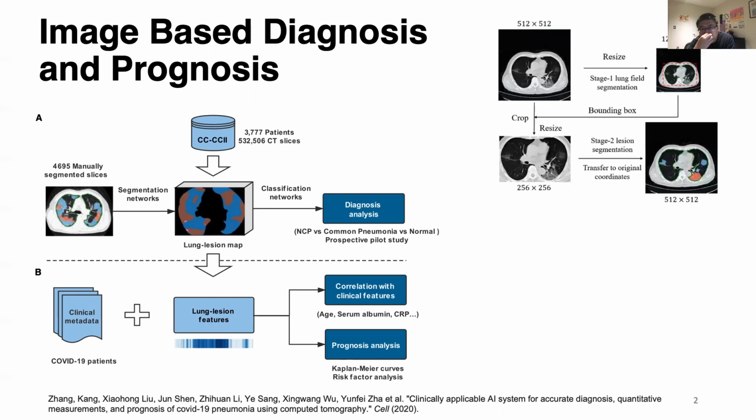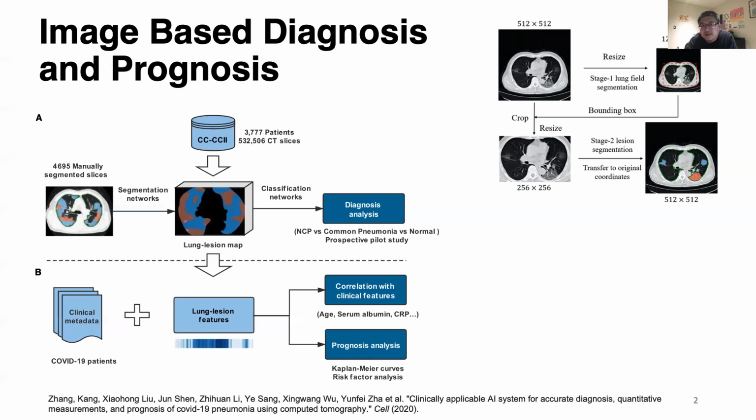For the segmentation network, it is actually implemented as a two-stage design. In the first stage, the authors downsampled the input image to a 122 by 122 level and segmented the lung field from the image, as the patterns of the lung fields were easily learned at a relatively low resolution. In the second stage, they calculated the bounding box with the lung field segmentation results.